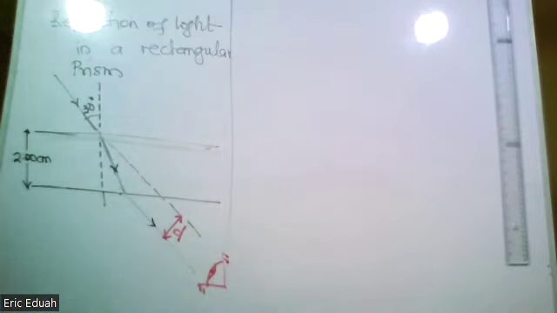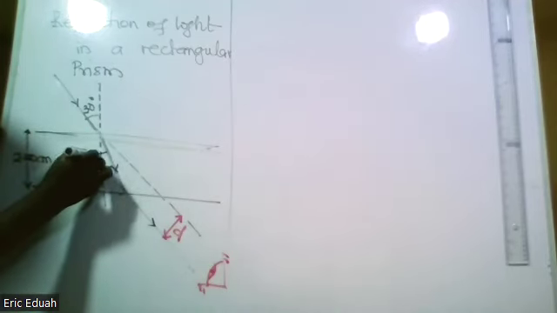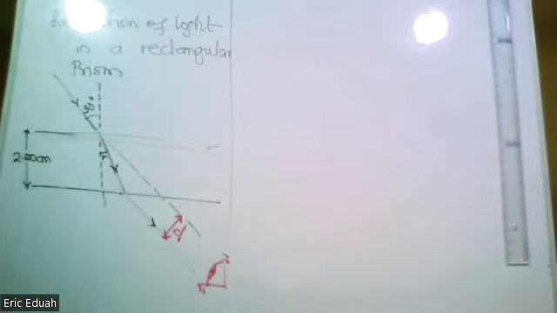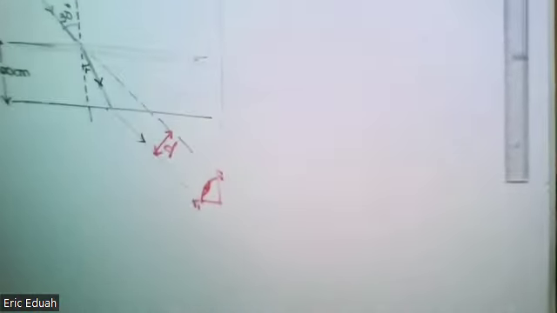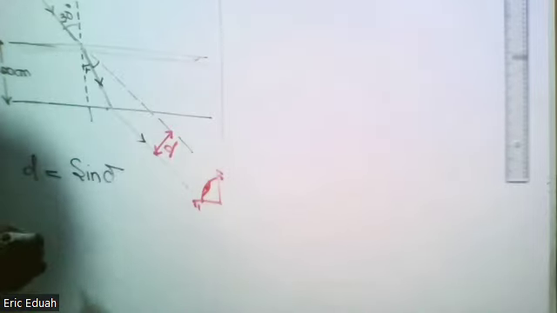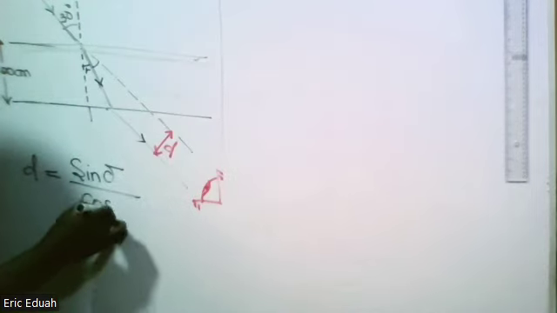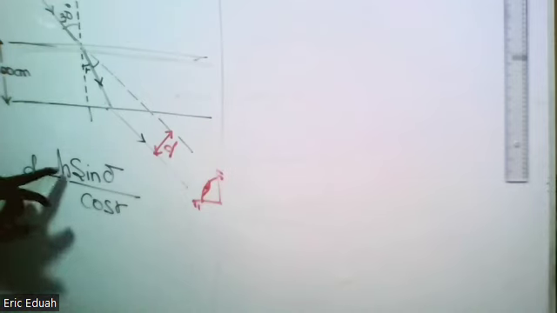Let's see. So the usual concept is that the lateral displacement d will be equal to sine of sigma, which is this angle, over cos of the angle of refraction R, times the width of the prism h. h is known.